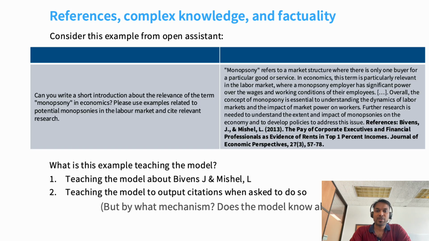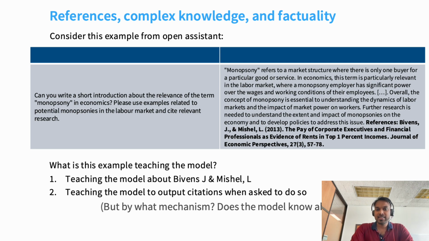So, for instance, consider this example. "Can you write a short introduction about the relevance of the term monopsony in economics?" And on the right, we have a typical completion, which defines monopsony, and in the end, there's a reference. So we use these as input-output pairs and use that to train a model.